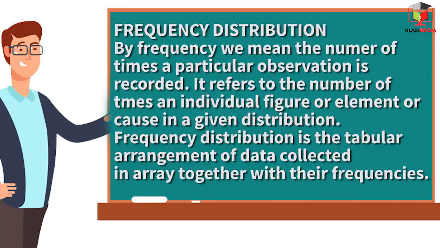Frequency distribution. By frequency, we mean the number of times a particular observation is recorded. It refers to the number of times an individual figure or element occurs in a given distribution. Frequency distribution is a tabular arrangement of data collected in array together with their frequencies.